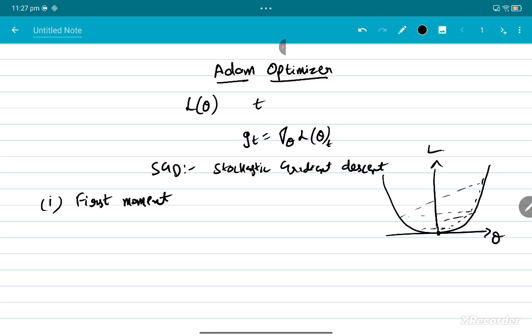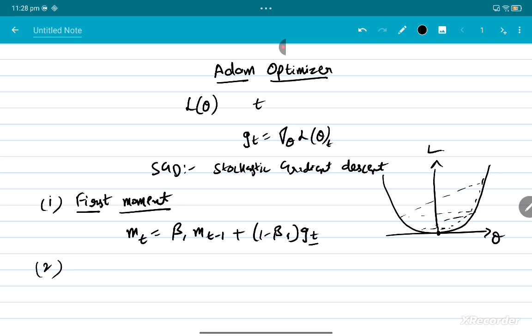It tracks the smoothed gradient. It is given as m_t at a particular time t equals beta 1 times m_(t-1) plus (1 minus beta 1) times g_t. So g_t is the gradient, m_(t-1) is the previous value of the first moment, and beta 1 is some hyperparameter.